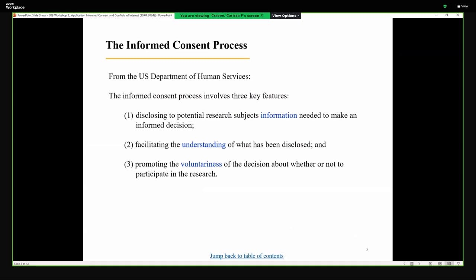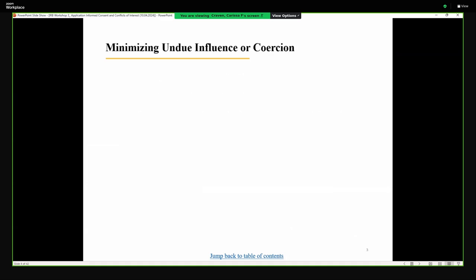The first being disclosing information to the potential subjects so that they can make an informed decision, making sure that they understand, not using language that kind of buries what you're actually asking of them, and then ensure that the process is voluntary and that, again, there's no deception happening unless it's required for your research. So this should be legally effective and obtained before the actual research portion takes place, so prospectively obtained.